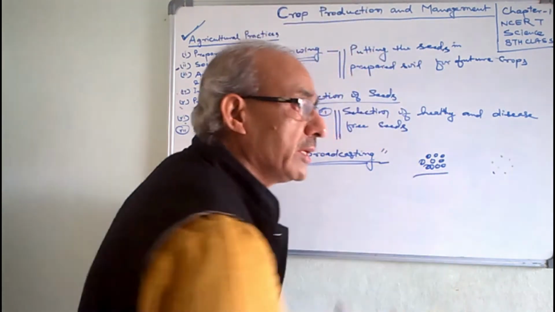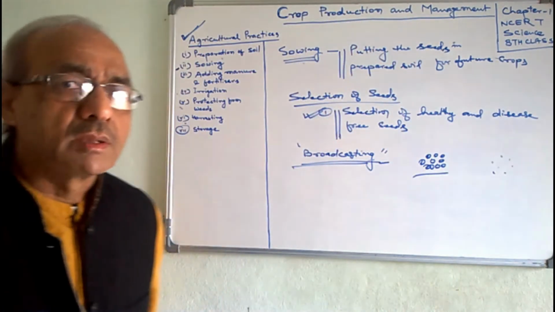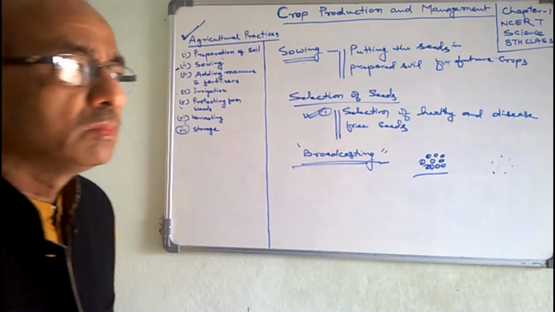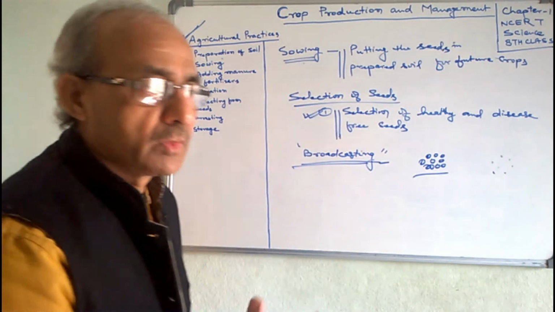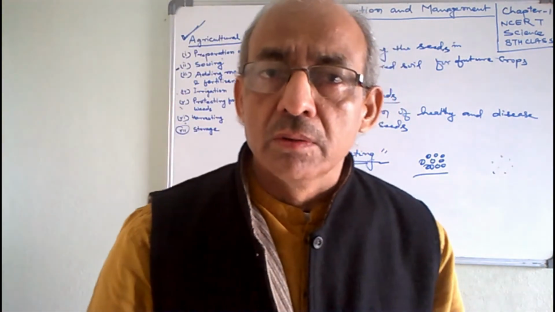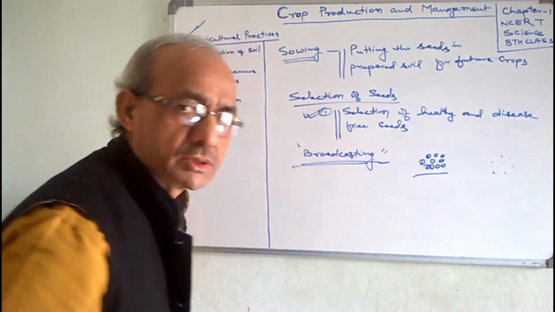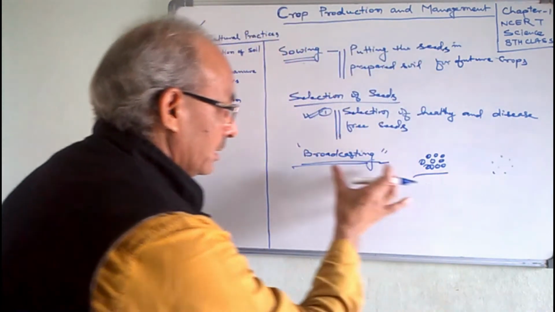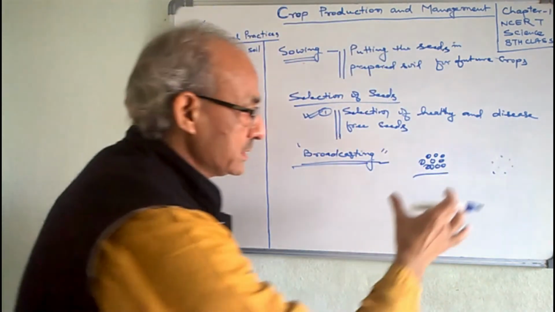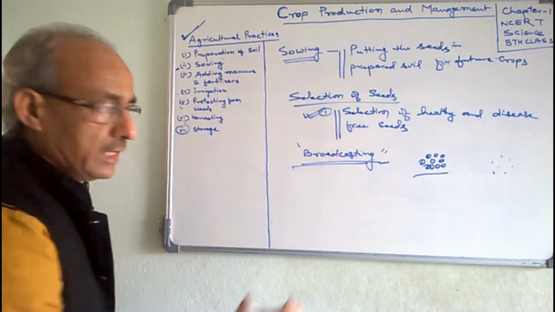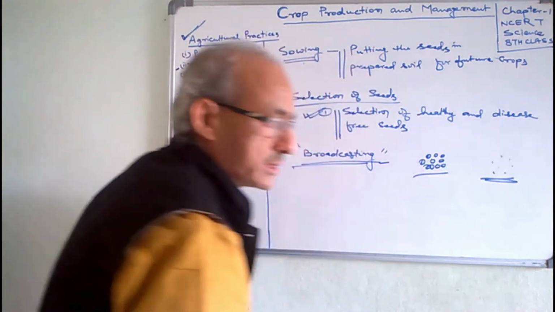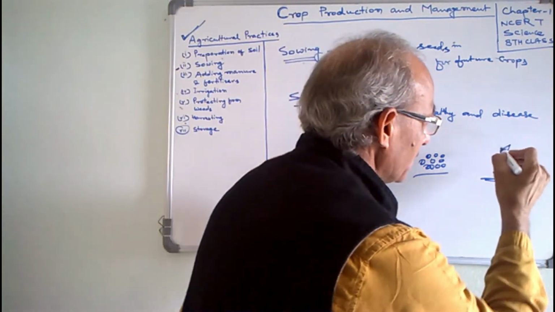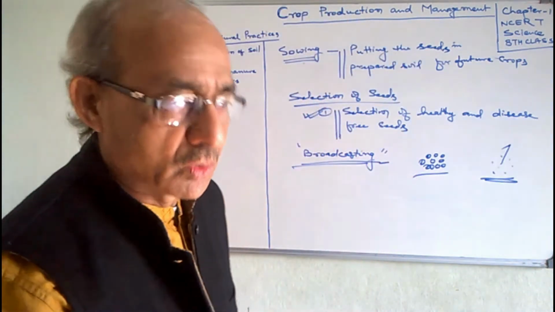Due to overcrowding, the seedlings or plants cannot get proper space to grow. They cannot get proper nutrients from the soil, and water also. This is the disadvantage. And in the place where the seeds fall in lesser number, there the seedlings or plants grow in lesser number.